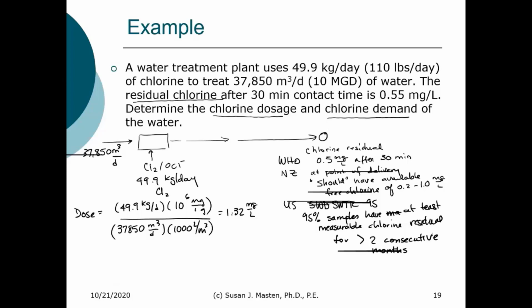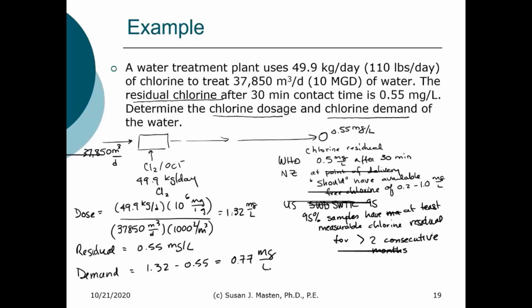At this point here, which corresponds to 30 minutes of contact in the distribution system or in a storage tank, it's 0.5 milligrams per liter. So that's what we measure here. So that's the residual. And then the demand, chlorine demand, is just the difference between those two. So it's 0.77 milligrams per liter. So that illustrates what we talk about when we talk about dose, residual, and then the demand.